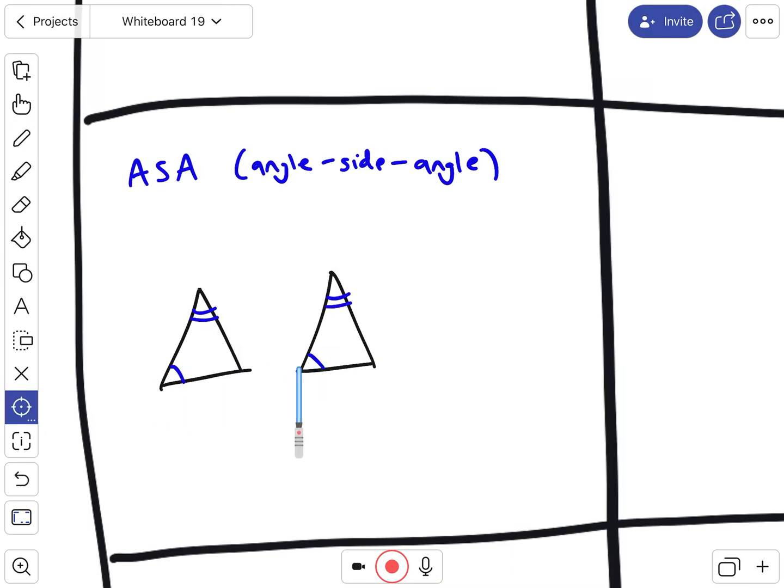These correspond and are congruent. These are also congruent. And notice that this side is in the middle, kind of like the last one, SAS, but this is just in reverse. So if this side's in the middle of the 2 angles, which side on this triangle is between these 2 angles? That's this side right here. So I'm going to mark that with a notch here and a notch here.